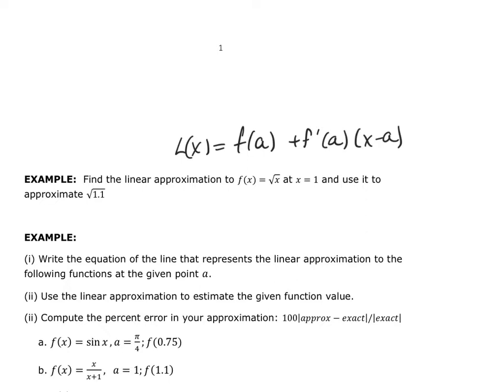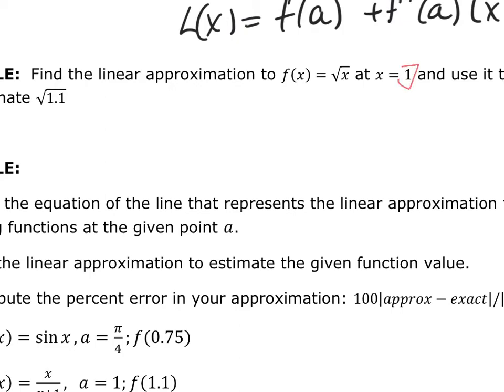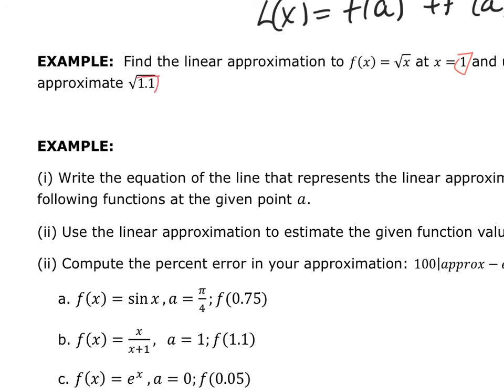The a that we choose is going to be the one that we know the value of without any work. The x is what we're actually trying to evaluate. So in this case, I use a to be 1 because I know what the square root of 1 is. What I'm trying to evaluate is 1.1, so that's my x value.